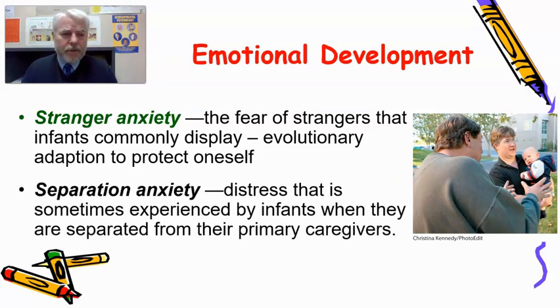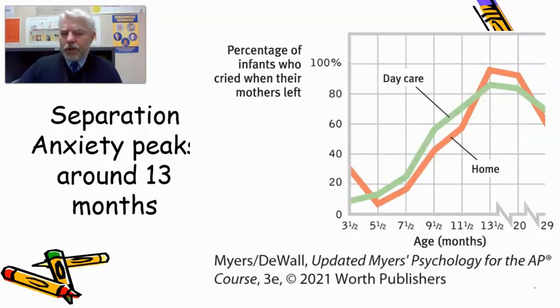Separation anxiety is an extension of this stranger anxiety. It's an absolute emotional distress the infant experiences when they're separated from that primary caregiver. It is a strong response to their caregiver leaving. The separation anxiety tends to peak out somewhere around 13 months.